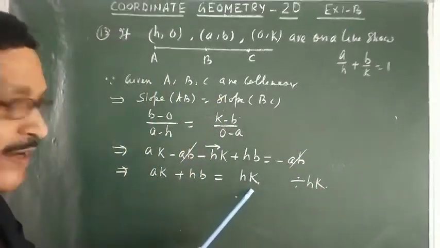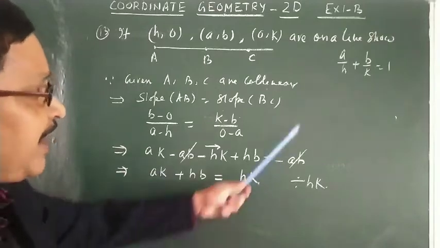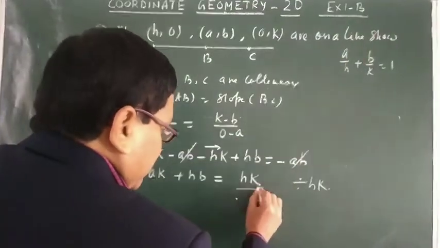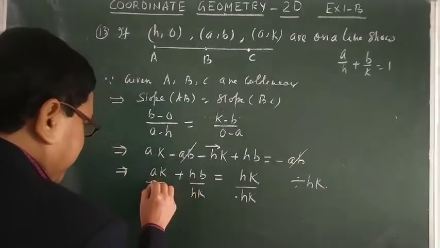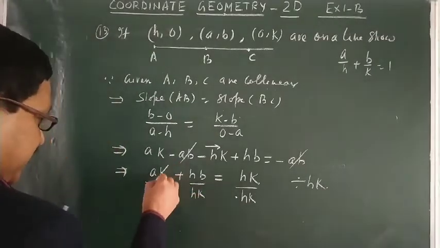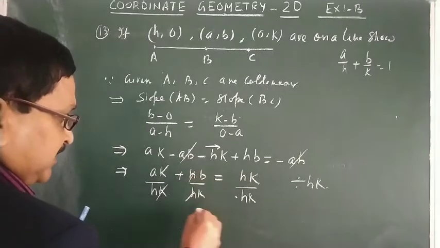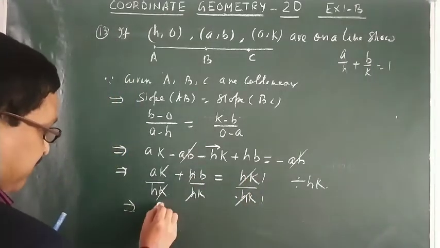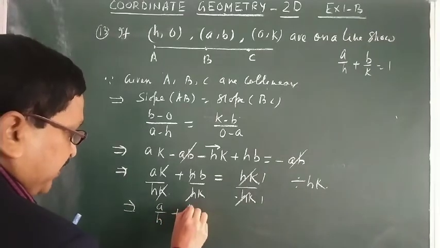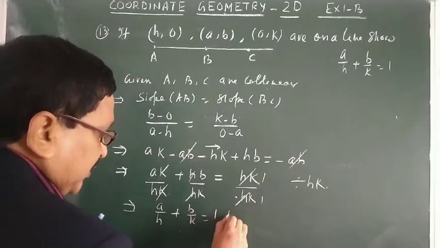If we divide all the terms by HK, then the right side will be 1. So HK, HK, HK. K cancels, H cancels, HK cancels 1 1, and hence A by H plus B by K is equal to 1. Proved.